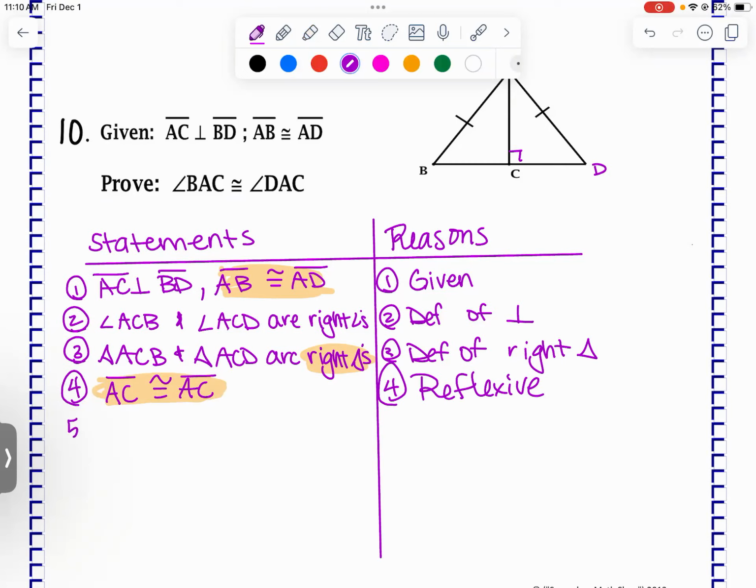Okay. So we have everything we need to say that triangle ACB and triangle ACD are congruent through hypotenuse leg.